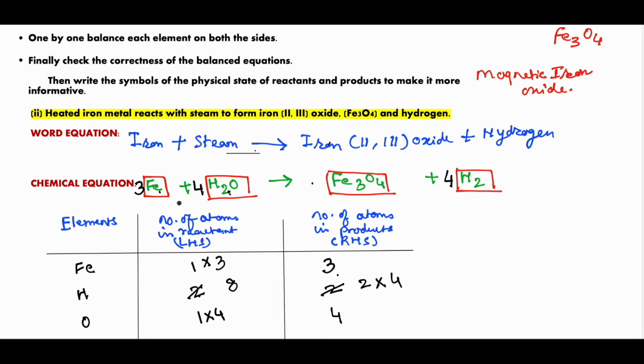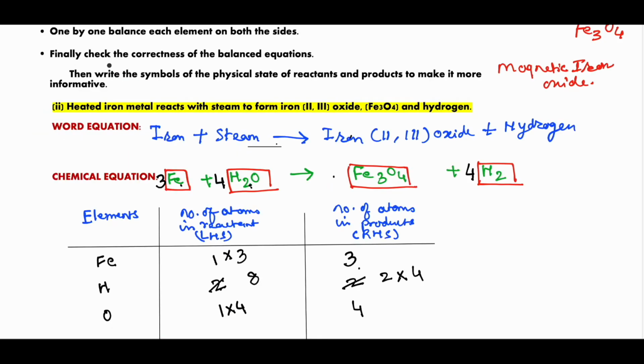Thus we see that this chemical equation has got balanced. So now we can say that one by one we have balanced each of the elements on both the sides. Finally, check the correctness of the balanced equation. So we have checked the correctness also. All the elements in this chemical reaction are balanced on both the sides.